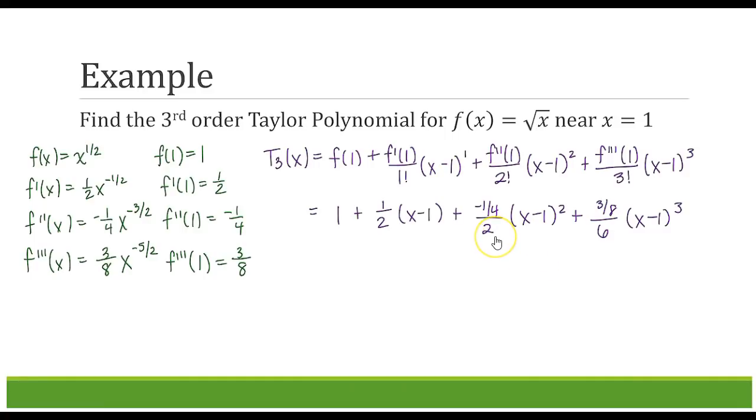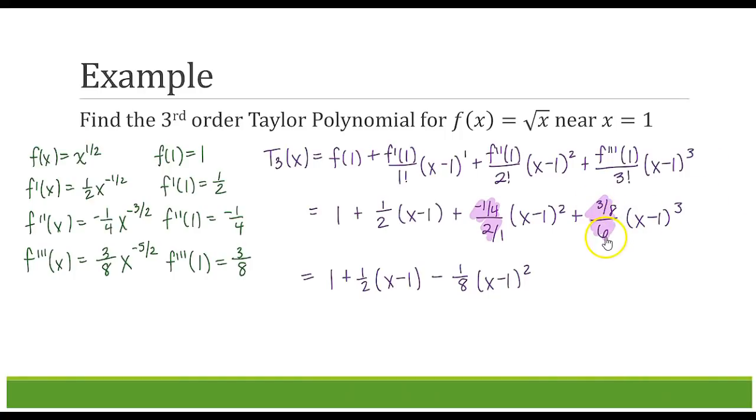And now it's just a matter of simplifying these two coefficients. The other two parts are fine, so we have 1 plus 1/2 times x minus 1, and then this is going to be minus, so here 1/4 divided by 2 is like 1/4 times 1/2, so we're going to have minus 1/8 times x minus 1 squared.